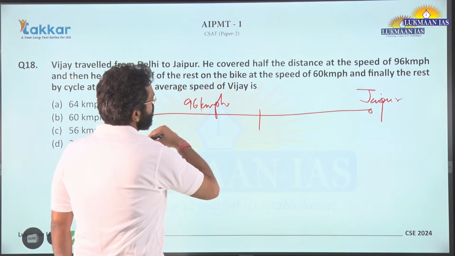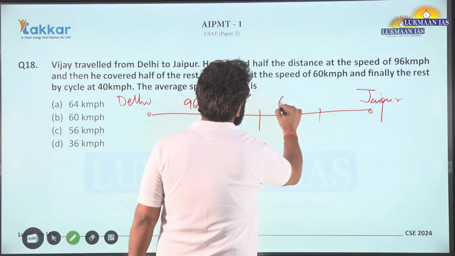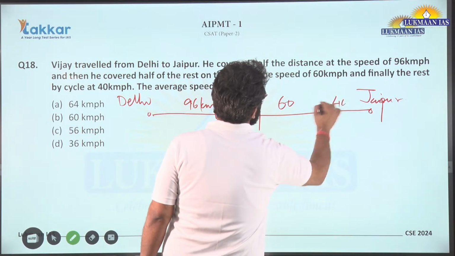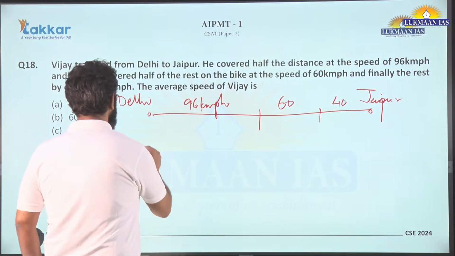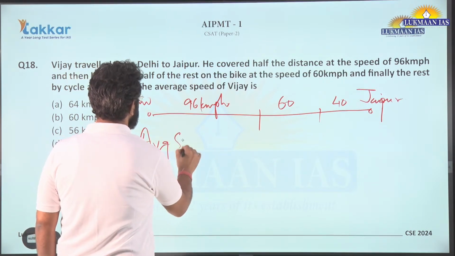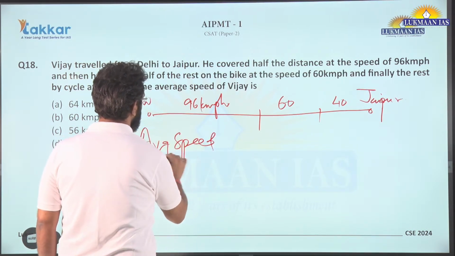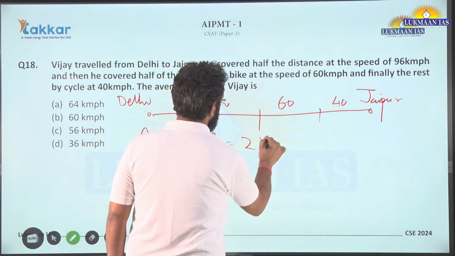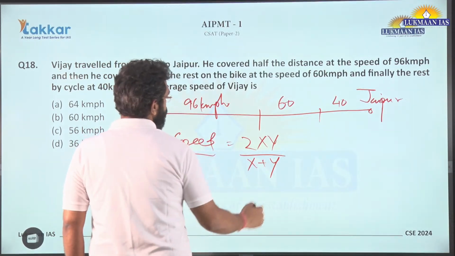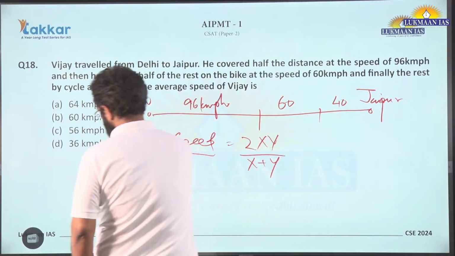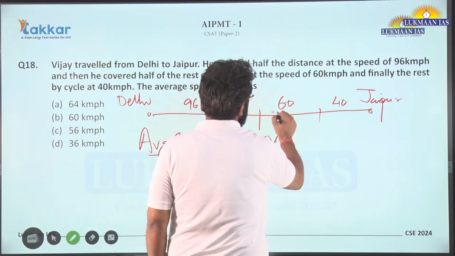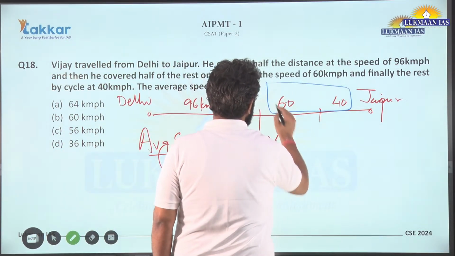He covered the rest on the bike at the speed of 60 and finally the rest at 40. So we all know the formula for average speed. So if we take, let's see, 60 and 40 is the first case.